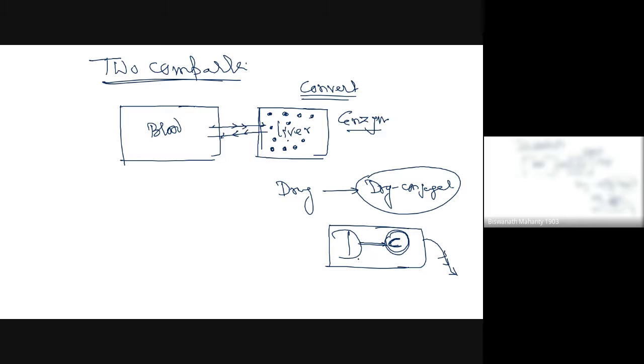This is one reason. But conjugation has another purpose. If I am making a molecule, for example, this is a very small molecule, with molecular weight of, say, 10 kilodalton, and I have conjugating enzymes which will add a large chain along with this drug. Why is this conjugation important? If the molecule becomes larger, it will not simply drain away, right? I'm making it bigger, so it will not directly go to the kidney and be lost.